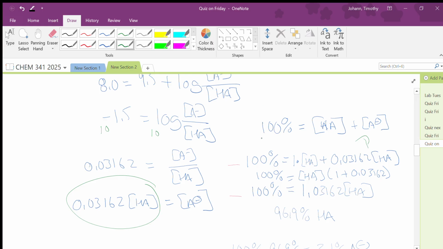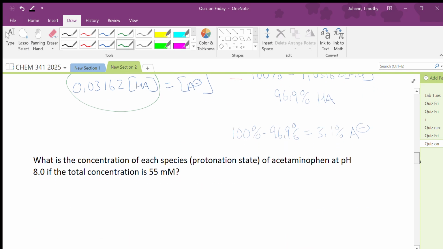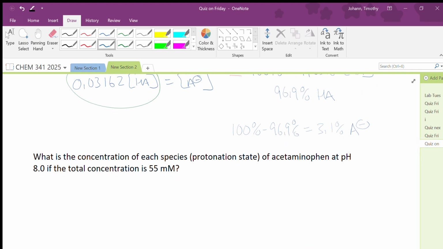Instead of using this equation, the equation you could make up could be this. 55 millimolar is equal to the concentration of HA in millimolar plus A minus in millimolar. Instead of that 100%, that would save you having to get the percent and save you a step.